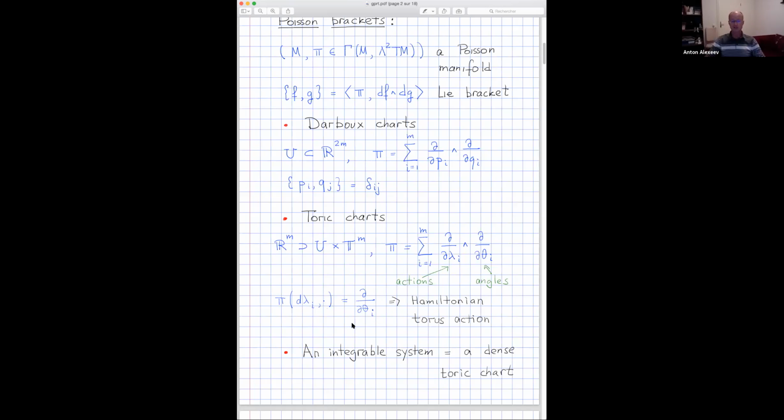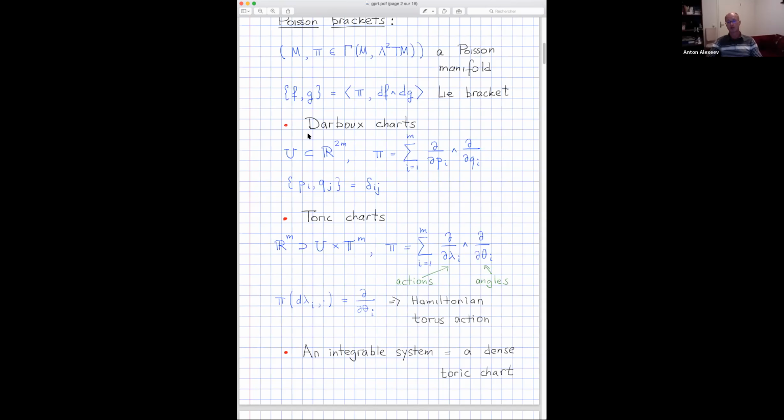In fact, for today, this is our poor man's definition of an integrable system: an integrable system is a dense toric chart on a symplectic manifold. We can relax the condition of being symplectic in the following sense.